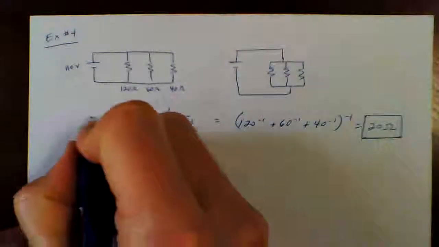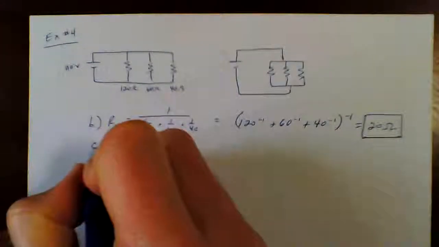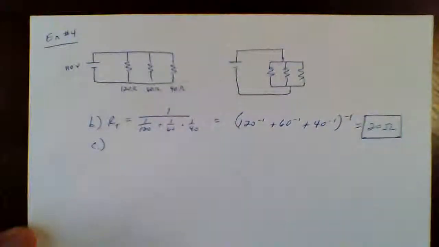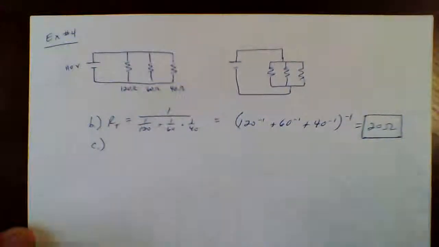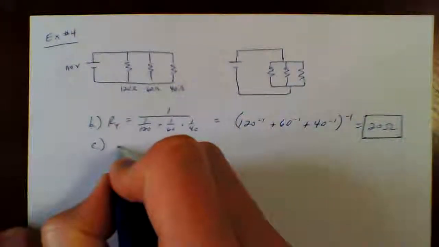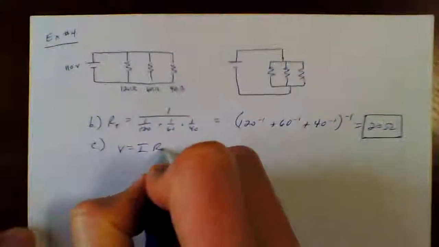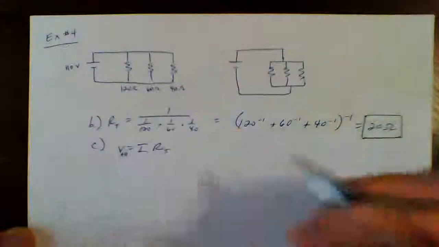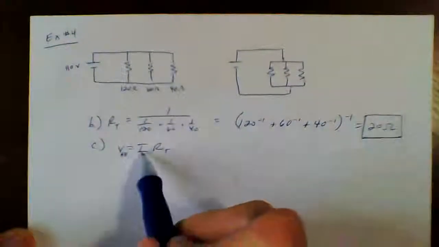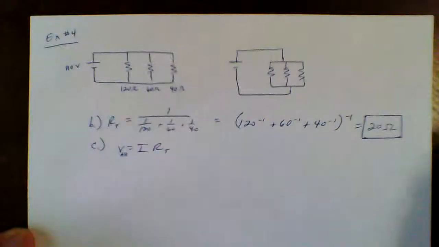So part B says, what is the current from the power source? If I want to know what the current from the power source is, and I know my power source is putting out 110 volts, then I'm going to say V equals I times R. I'm going to say V_AB equals I times R_T, and I know that that current is the current coming out of the battery, right?